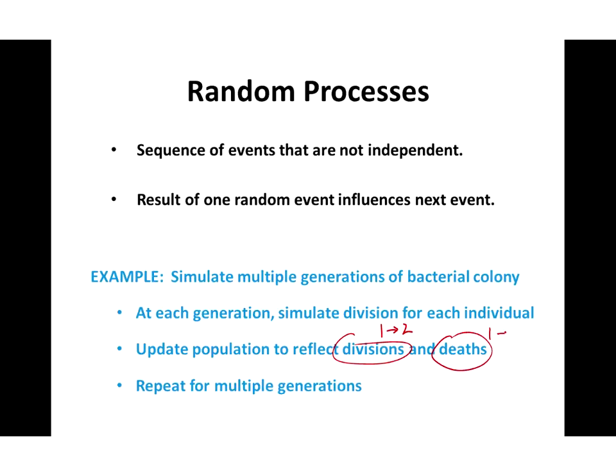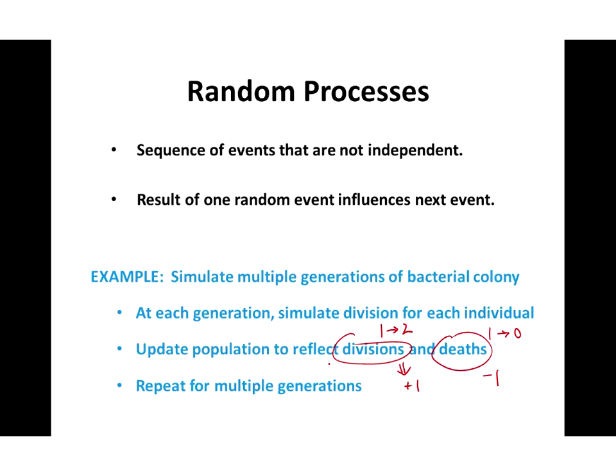And if they die, that one individual becomes 0 or disappears from the population. Another way of thinking about that is that when the bacteria successfully divides, the population goes up by 1. And when the bacteria does not successfully divide and dies, the population goes down by 1.